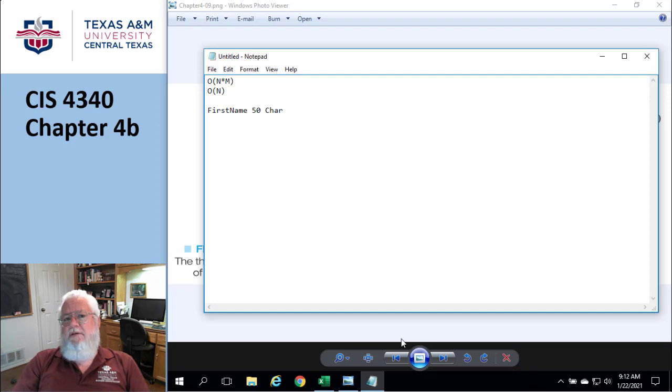So if I wanted to sort that, and let's say I have 1,000 rows in my database, and I have a field with 50 characters, that would be 50 times 1,000. Yeah, that's 50,000, the size of my array.